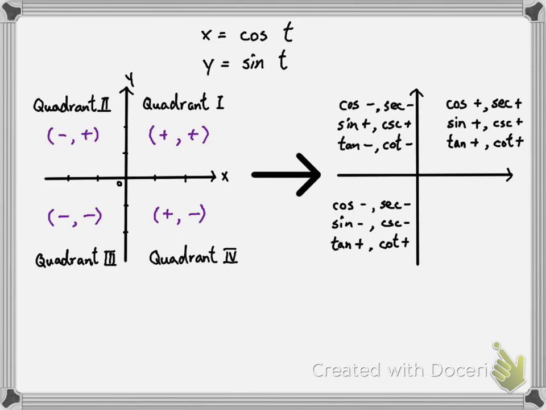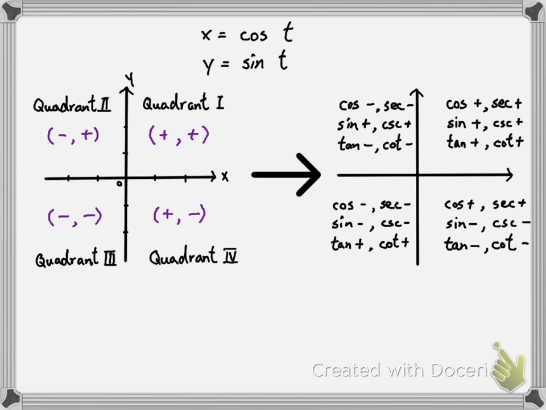And in the fourth quadrant, we see that cosine is positive. Its reciprocal function will also be positive. The sine function is negative. Its reciprocal function will also be negative. Tangent, which is y over x, negative over positive, so tangent will also be negative.